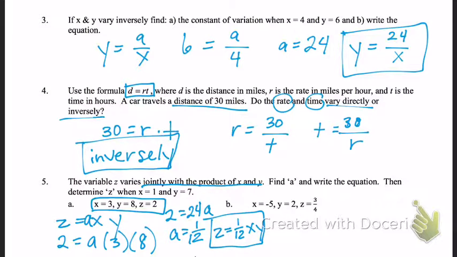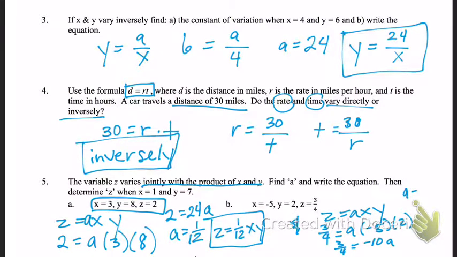Then for part B, I'm going to do the same thing. So I'm going to solve for A. Well, that's not a y. It should be z equals A x, y. So 3/4 equals A times -5 times 2. So 3/4 equals -10A.